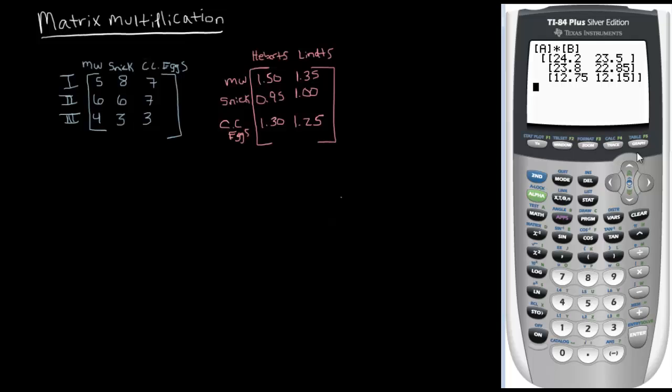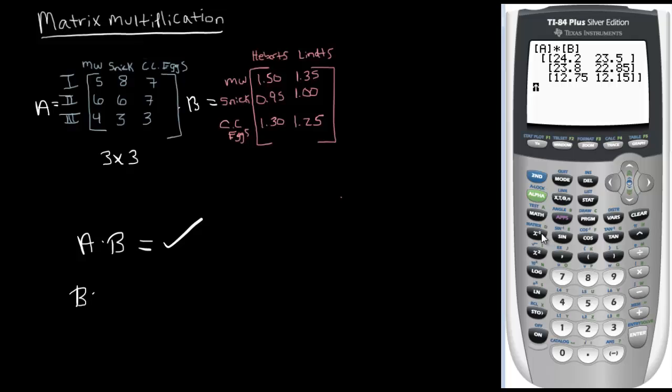Now what happens if you multiply matrix B times matrix A? What we see up on the screen now is matrix A and matrix B, and when we multiplied them, we got A times B, and we got the answer on the last page.